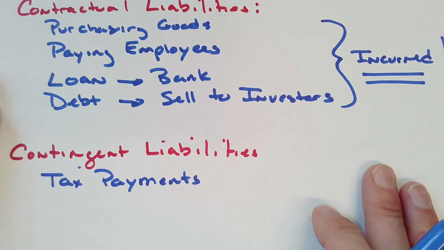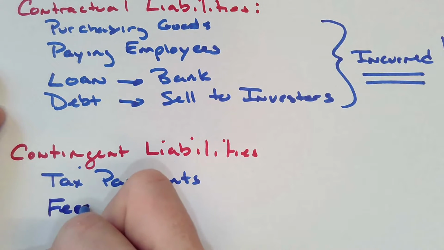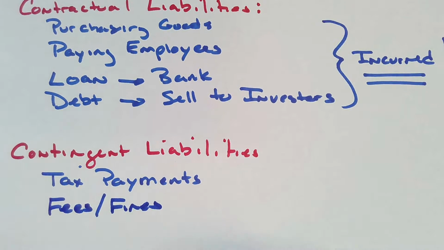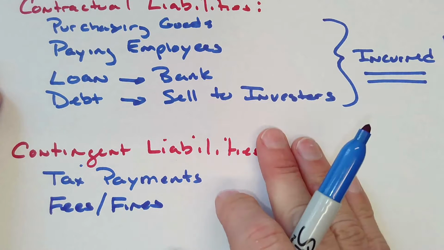Other contingent liabilities could be fees, fines for inappropriate or illegal behavior, right? It's contingent upon a number of different things. One, it occurring. I've done something incorrect that has generated the fine, and there's some degree of discovery, right?